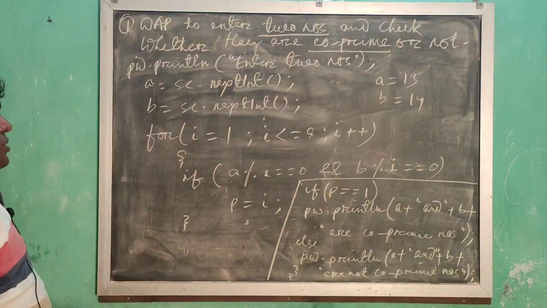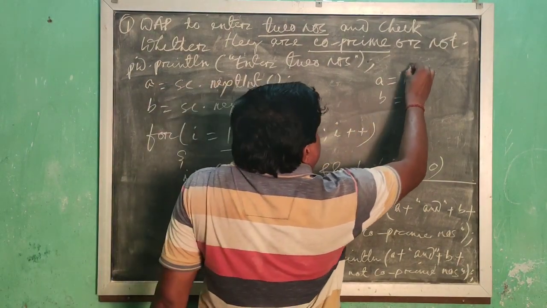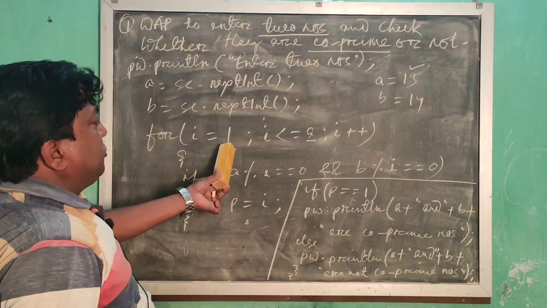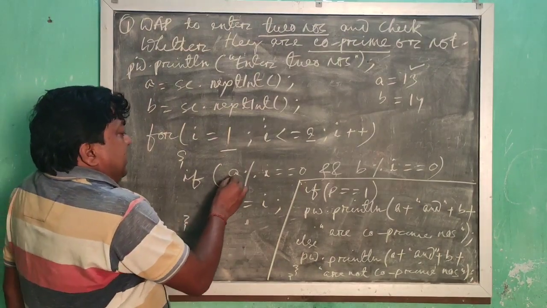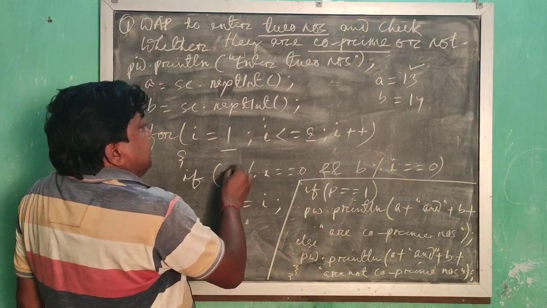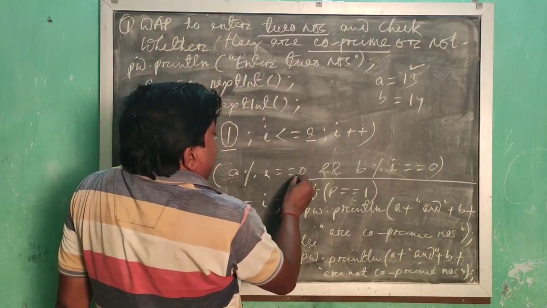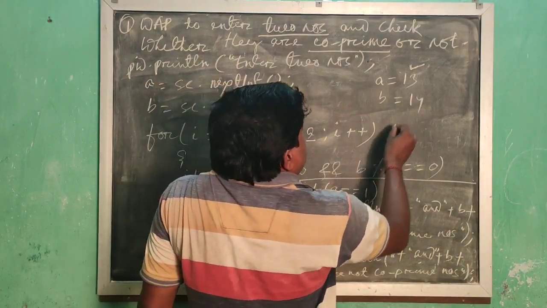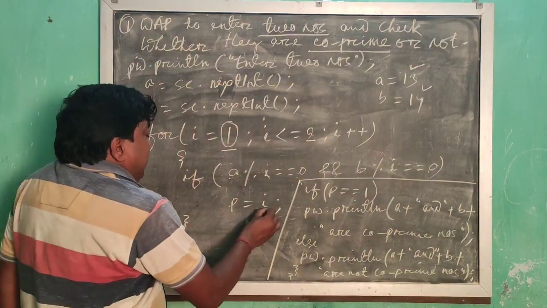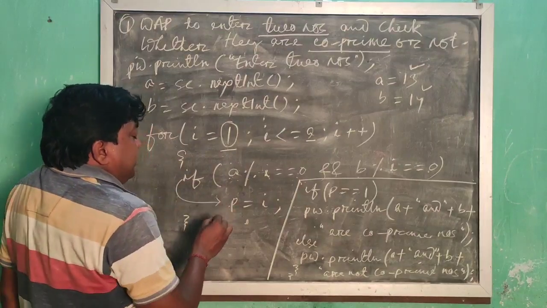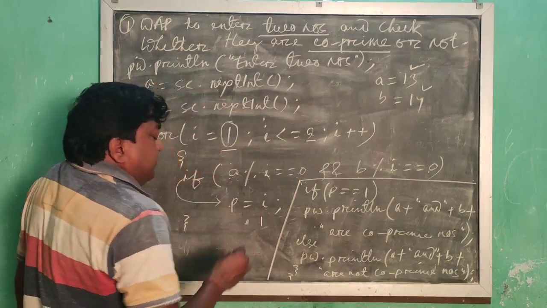Then our loop will continue from 1 to a, which is 13. The condition is if a modulus i equal to 0: a is 13, 13 modulus 1 equal to 0, yes, and b is 14, 14 modulus 1 equal to 0, yes, then p equal to i, so now the value of p will be 1.